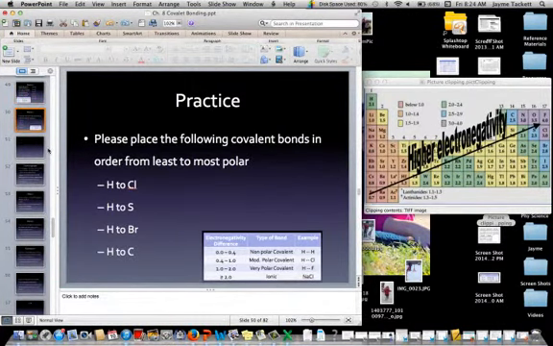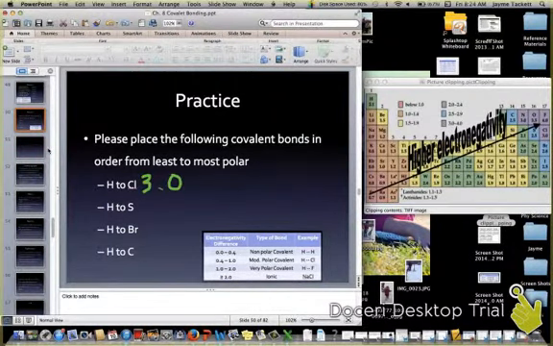Alright, so let's do a little bit more practice. Please place the following covalent bonds in order from least to most polar. So in order to do this, I'm going to find the differences really quick because then that'll tell us how polar my bond is. The bigger the difference, the more polar the bond is, and then we're going to put them in order. So to go from hydrogen to chlorine, chlorine is 3, hydrogen is 2.1, so this gives us a difference of 0.9.